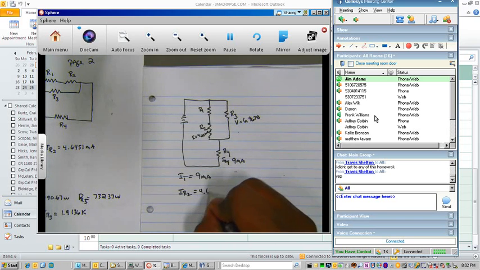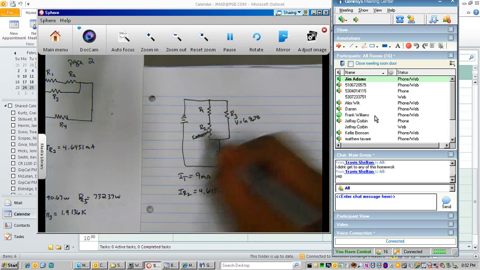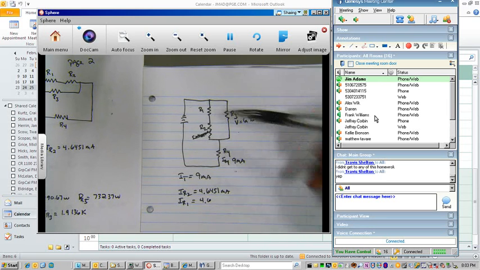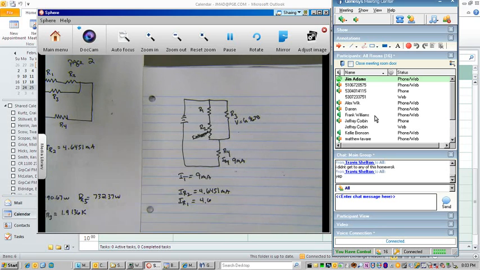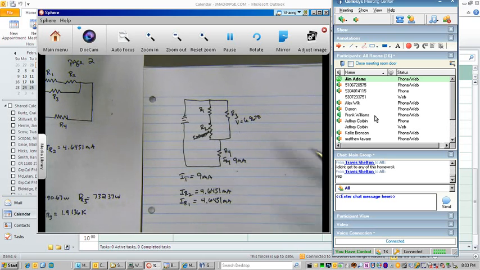I'm going to redraw a little differently. Same circuit, I just turn it over a little bit.